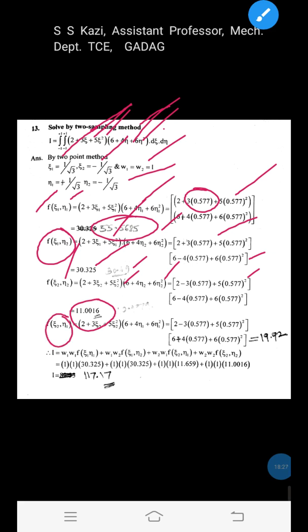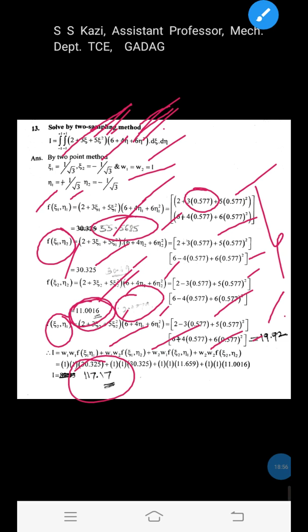That is 10.999, which can be approximated to 11. For f of zeta 2 eta 1, replace zeta by zeta 2 and eta by eta 1, and we will get 19.92. Write the formula, and substituting w1 w2 and all these f values, we will get 117.17. This is the value of the given integral.